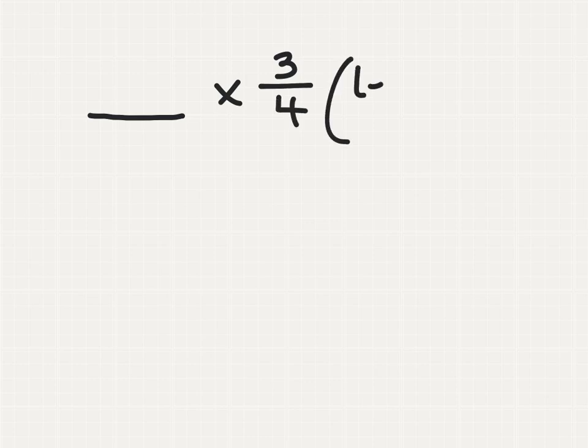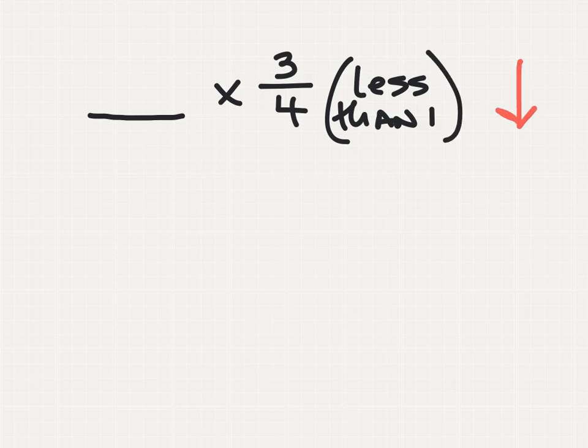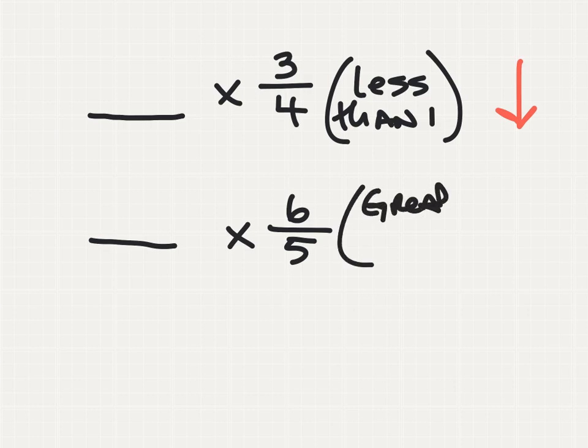So we've learned that if I multiply any quantity by a fraction that is less than 1, then my original quantity will become smaller. If we multiply by a fraction that has a value greater than 1, say an improper fraction, then I expect my original quantity to get larger, to increase.